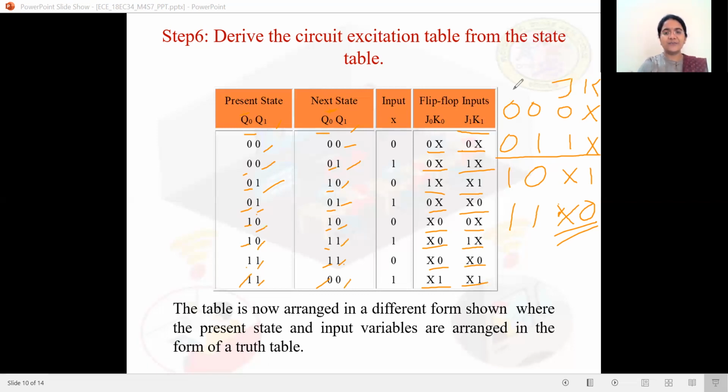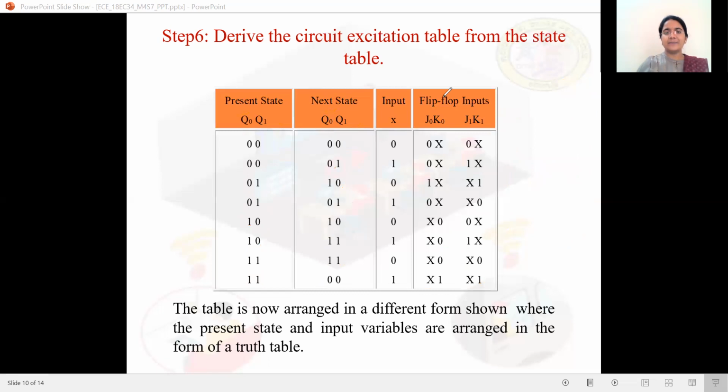And we have to write the flip-flop inputs for the respective flip-flops. In this way, we have to write the excitation table from the state table.